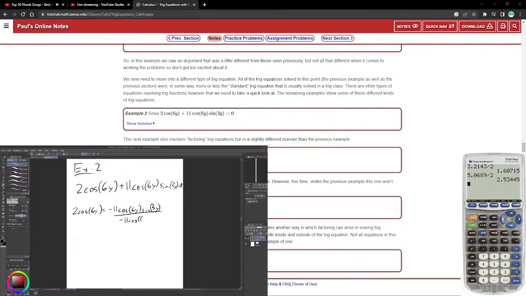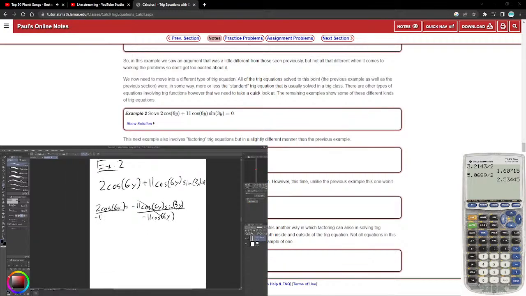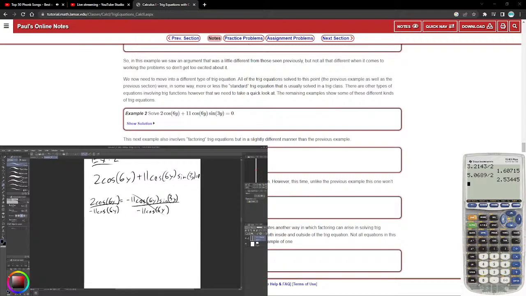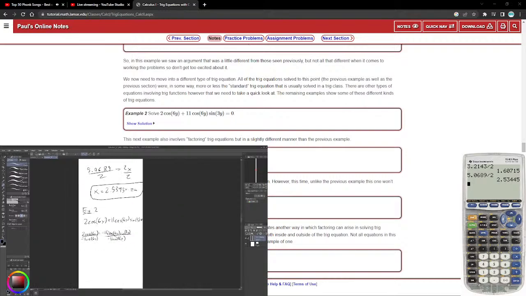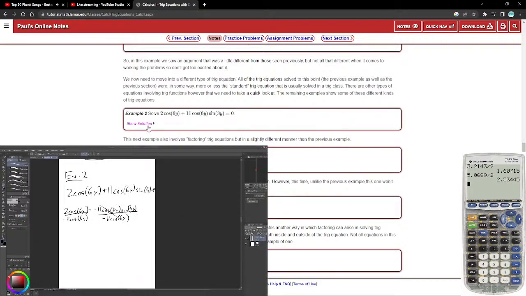Divide the cos maybe? What does this really do though? Alright, I'm stuck. Need some help.